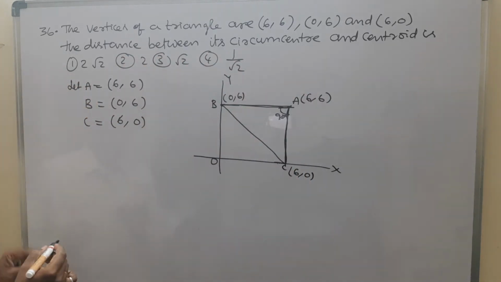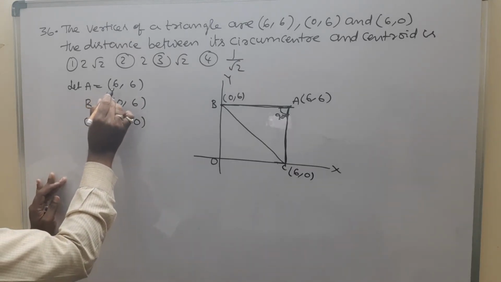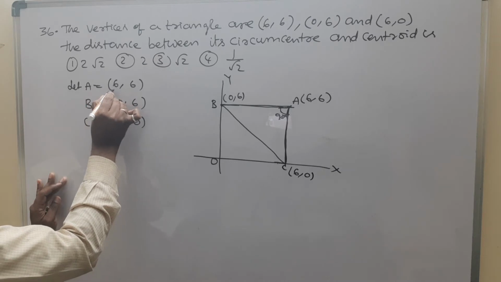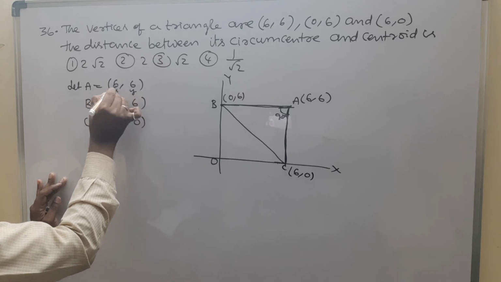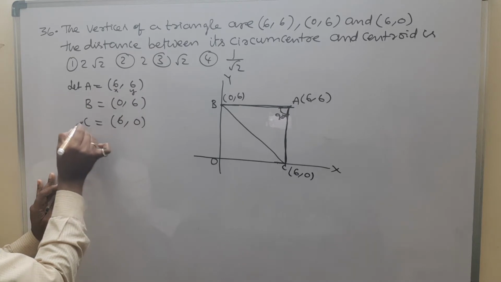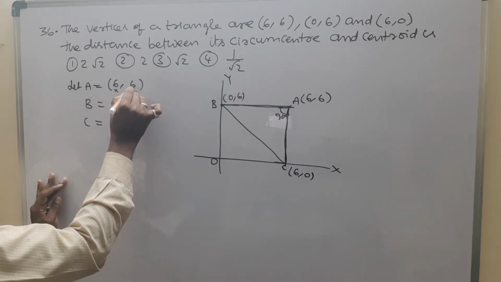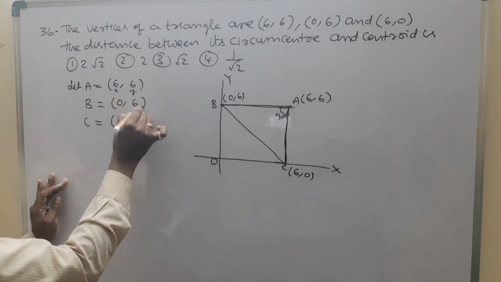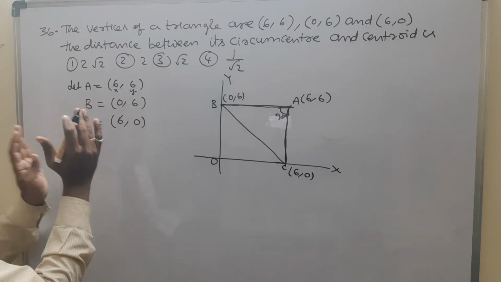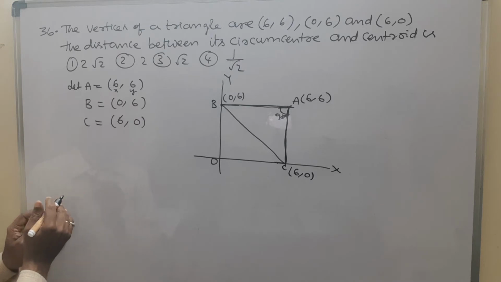Observe that always one point to remember: if one vertex is (x, y), the x coordinate 6 is the x coordinate of another vertex, and here the y coordinate is 6, which is the y coordinate of another vertex B. This type of vertices always represents a right angled triangle.